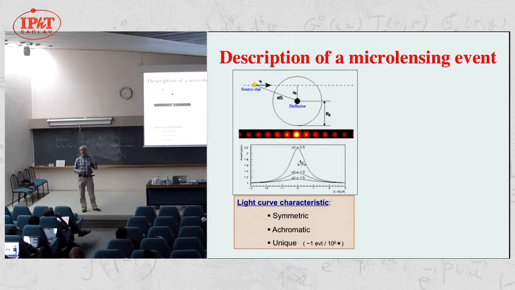So if you want to have two events in the lifetime, it's the square of this term, except if you have correlated multiple lenses, but this is a different case. Yes, the probability that a star is lensed by another star is of the order of 10 to the minus 6.